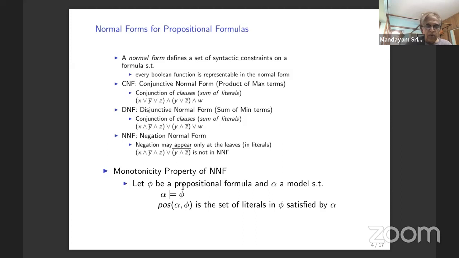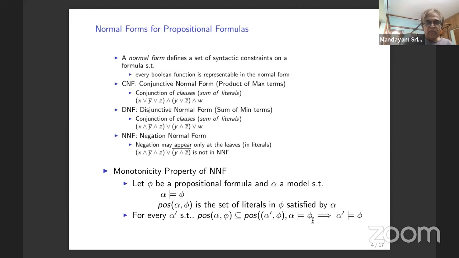By this monotonicity property, I mean that if a formula phi is in negation normal form, and alpha is a model that satisfies phi, and pos of alpha phi is the set of literals in phi that appear in positive fashion, that is not negated, in the model, then for every other model alpha prime where the positive literals are more, as long as you flip variables to make more of them go to 1, they continue to satisfy that formula.